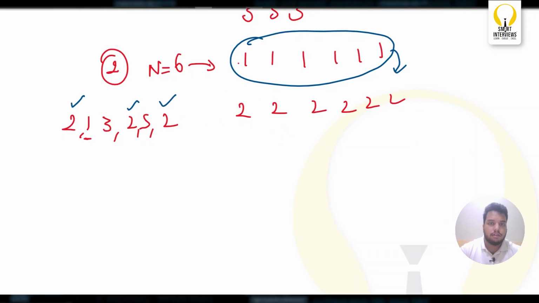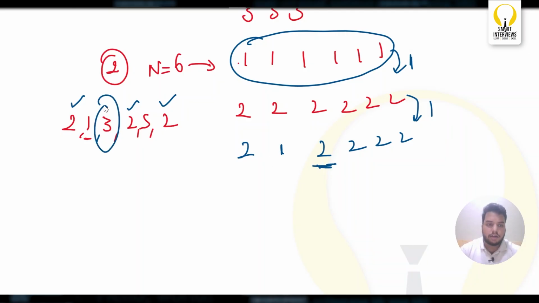So I can simply convert this fence to type 1, and remaining all will be the same. So this process will take 1 minute, and this process will take 1 minute, and I can use operation 2 to convert this 2 to the expected 3. So it will be like converting this 2 to the expected 3, and remaining things will be the same, 2 1 3 2 2 2. And obviously this will also cost you 1 minute.